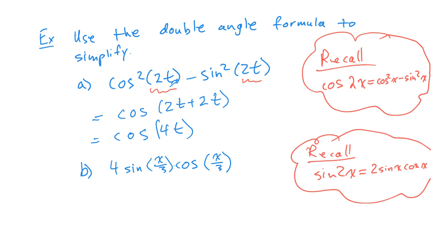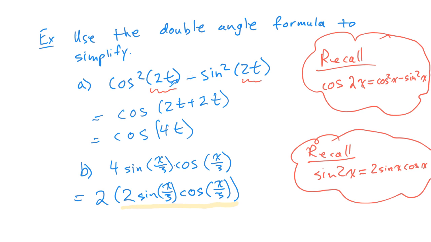So we can take that problem and make it look like 2 of something. So let's do that. We get 2 of 2 sine of x over 3 cosine of x over 3 in brackets. Now we have something that looks like what we're looking for.